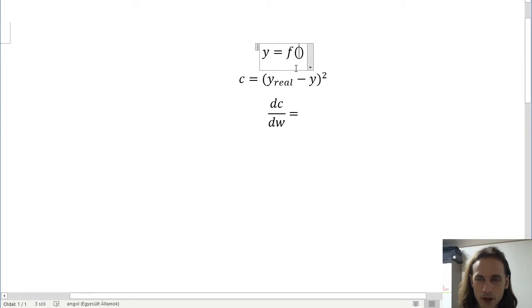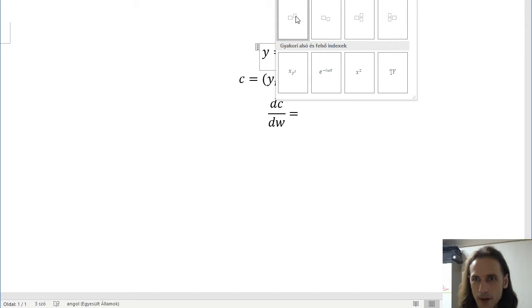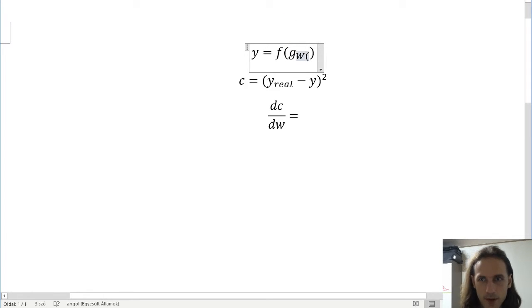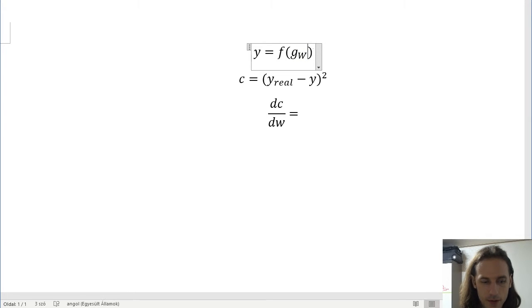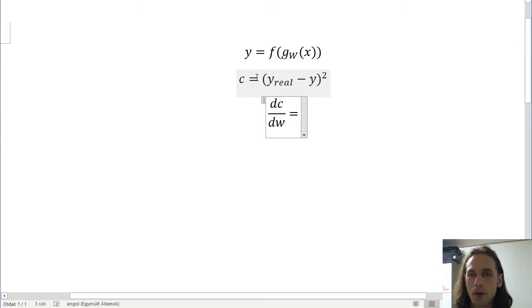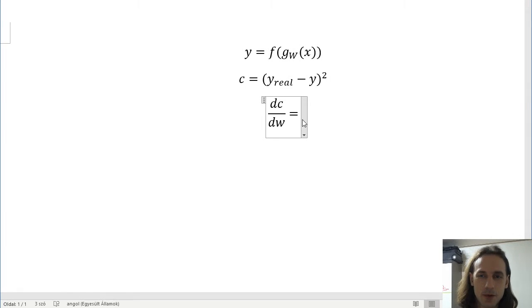So it's going to be a function of our other function, which is going to be, let's say, g_W, of x, g_W(x). We want to figure out what effect W has, how W has an effect on the cost function. So that's what we are going to do.